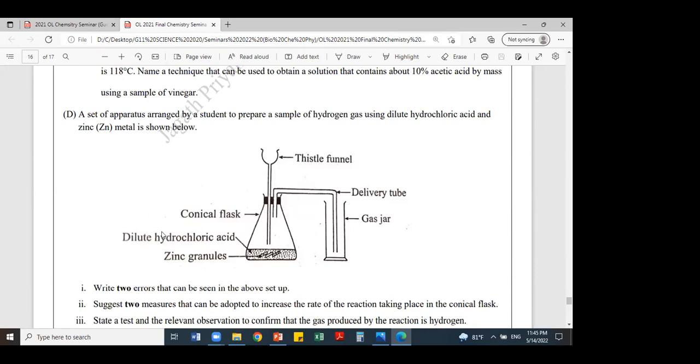And other than that, you have to study under chemical industries, grade 10 iron extraction, the blast furnace, and grade 11 chapter 3 under separation techniques: solid extraction, chromatography, fractional distillation, steam distillation.